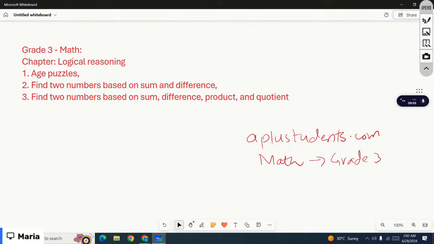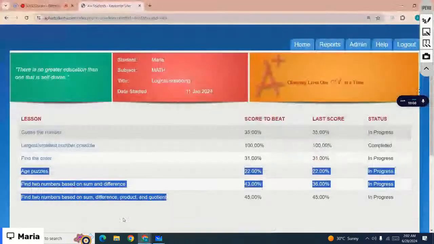So please make sure you have your notebook and pencil so that you can note down the important examples and definitions as well, right? Let's start with the lesson that is logical reasoning. Let's start with the lesson that is age puzzles.